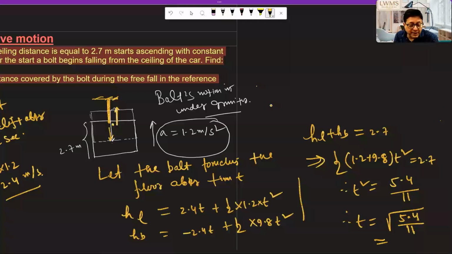I am taking the help of a calculator at this moment. Let's see what its value is. 5.4 divided by 11, square root of this thing.